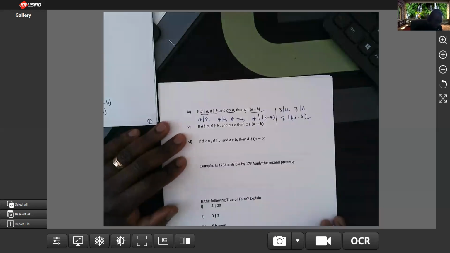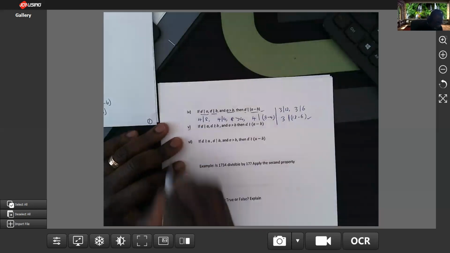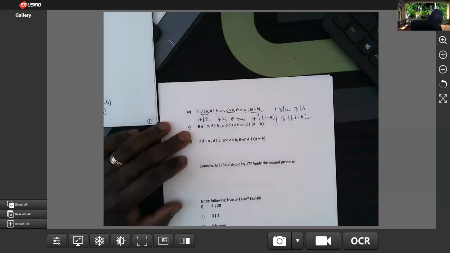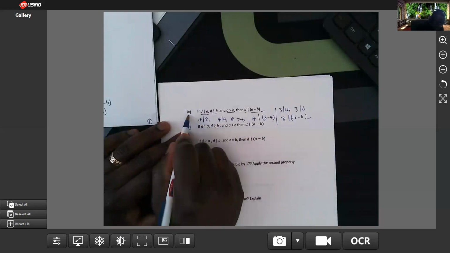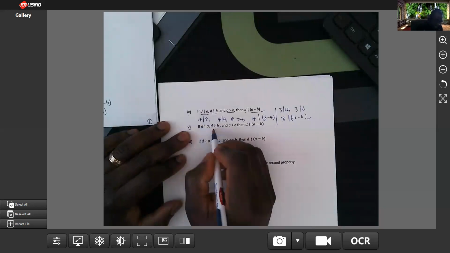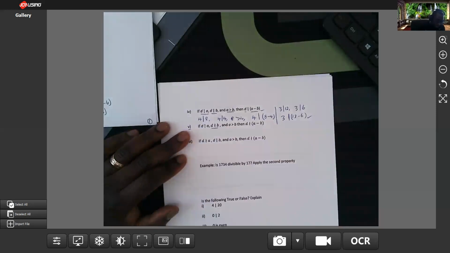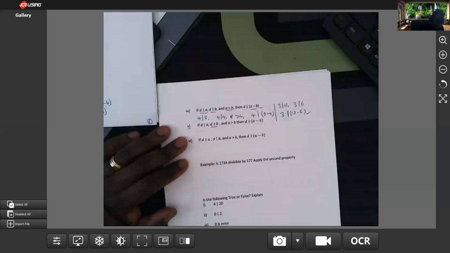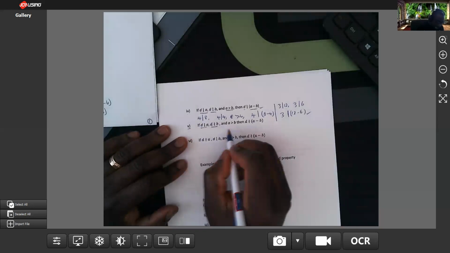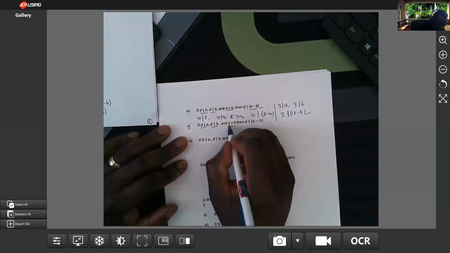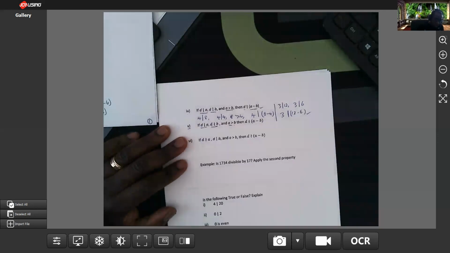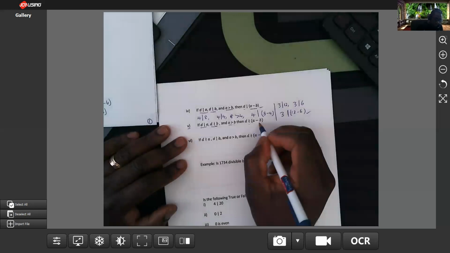Now notice that the next property is similar to the fourth, except that d doesn't divide b. That's the only difference. Where d divides a, it doesn't divide b, and a is greater than b, then of course it will not divide their difference.